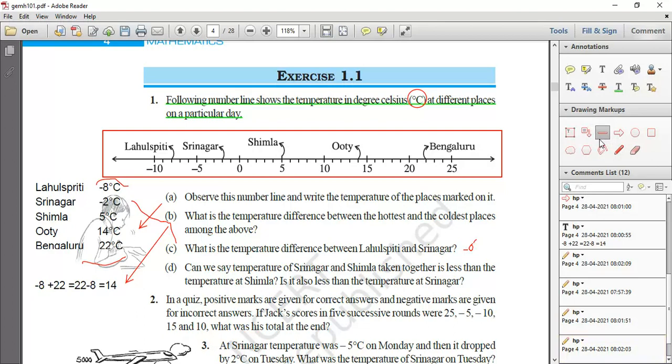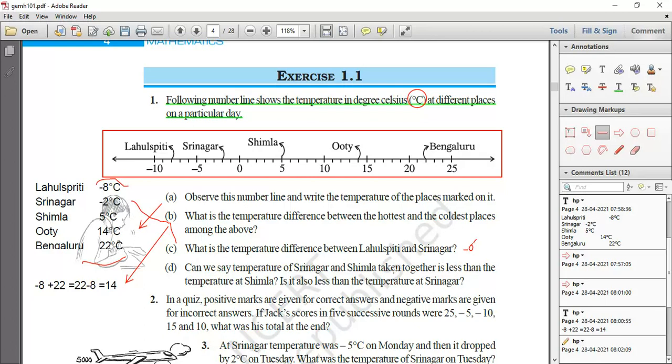Can you say that the temperature of Srinagar and Simla taken together is less than the temperature of Simla? Is it also less than the temperature of Srinagar? In this question it says, can we say that Simla and Srinagar taken together is less than the temperature of Simla?